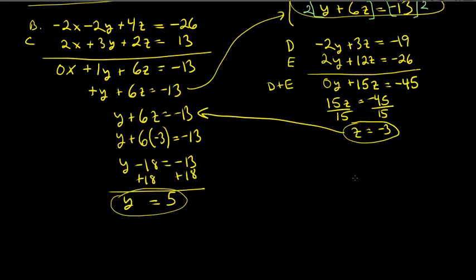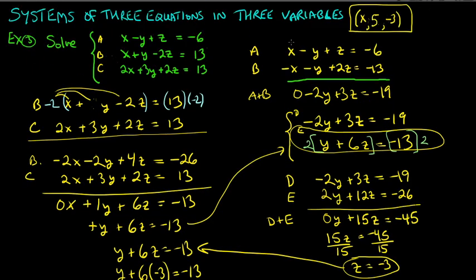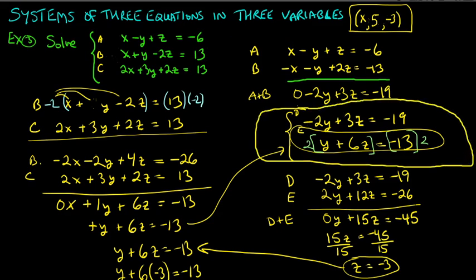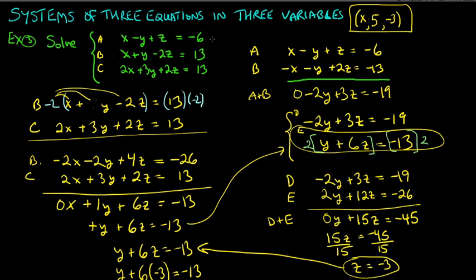But we can't use these equations on the right, because there is no x here. There's just y's and z's. So we have to go back to one of these original equations. And as always, it doesn't matter which one. So if it's all the same to you, I'm just going to pick the first one.